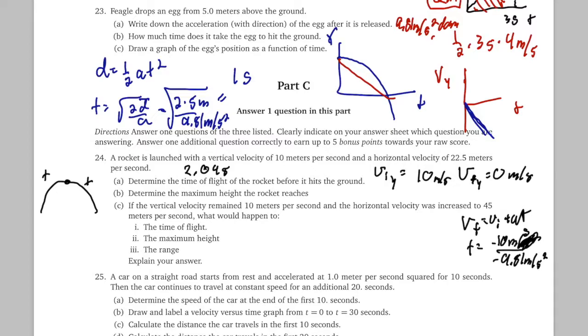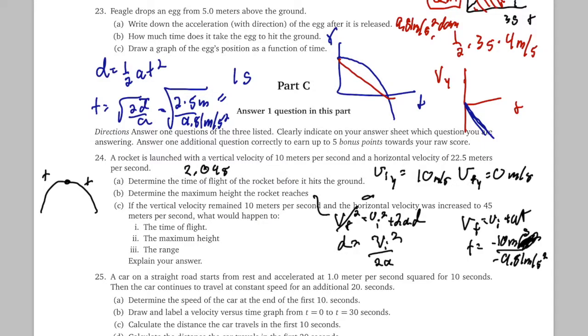To determine the maximum height the rocket reaches, one method you can use is to use this time, but what I like to use is still using the velocities. I'll say v final squared equals v initial squared plus 2ad. V final is going to be equal to 0, and I get that d equals v initial squared divided by 2a.